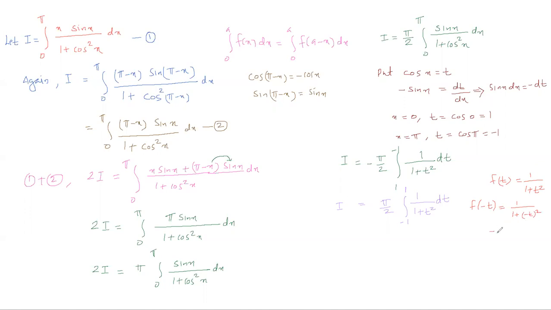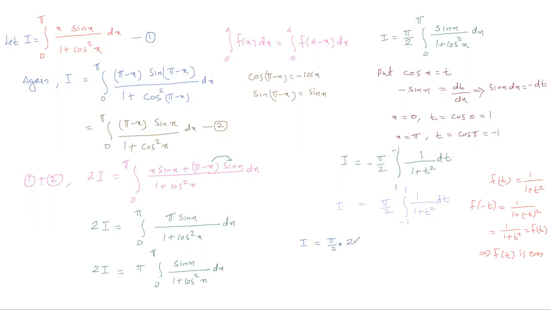So which is nothing but 1 by 1 plus t square. So that is f of t itself. So that implies f of t is an even function.